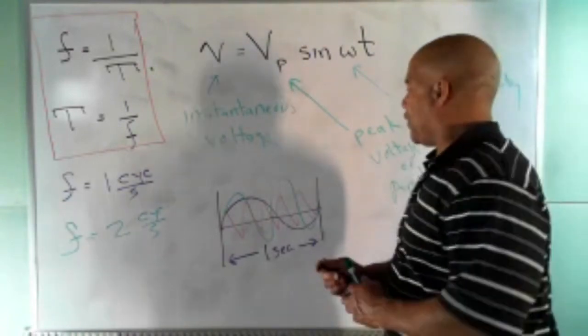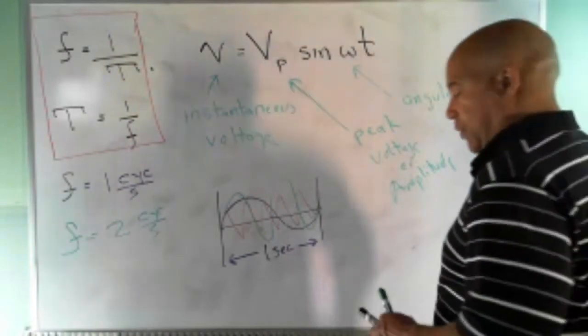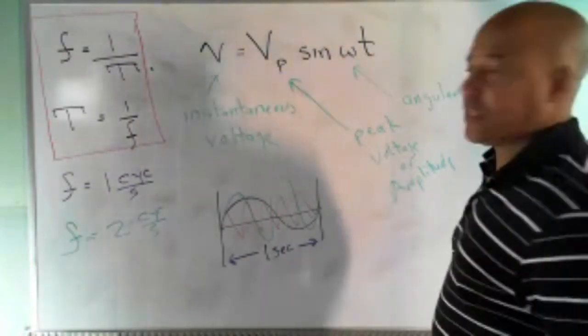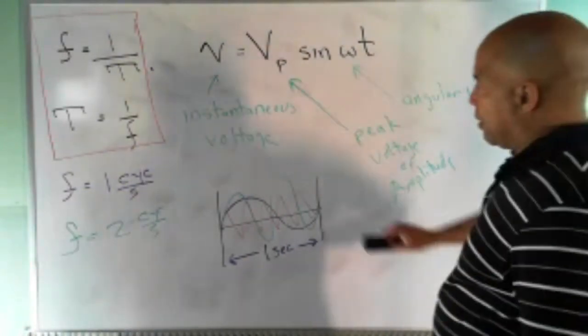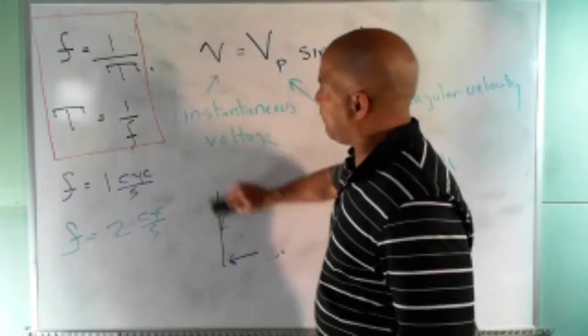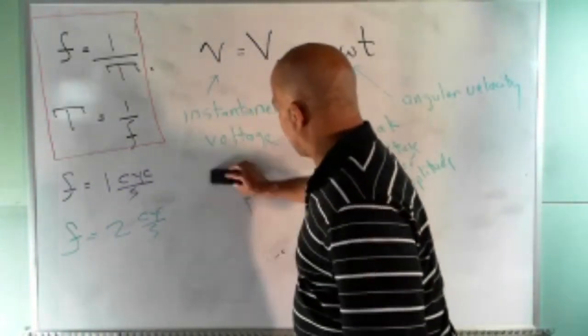But look at what else you can do. Let me show you something. There's one more thing we can do to get even more information out of this. If this is true right here, think about this.